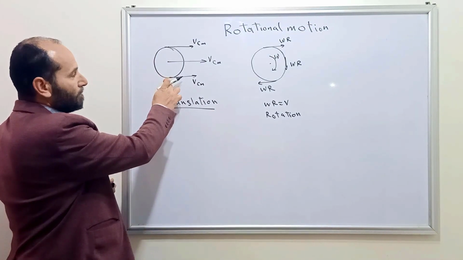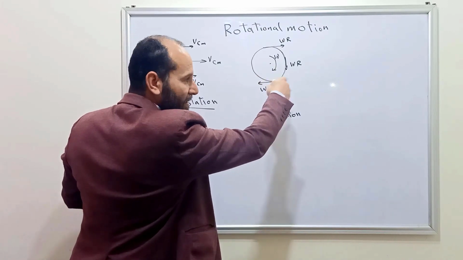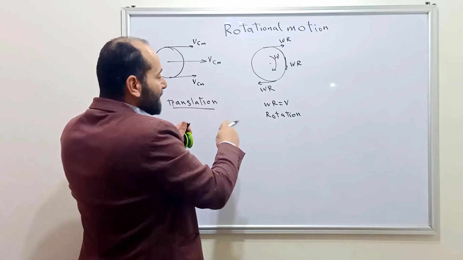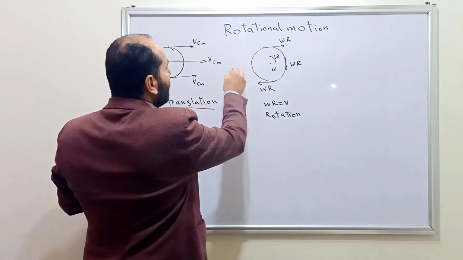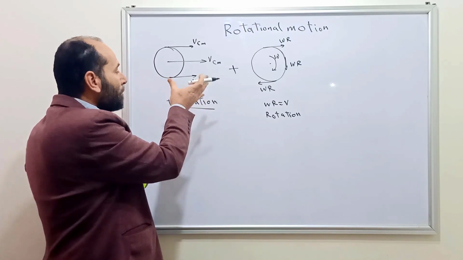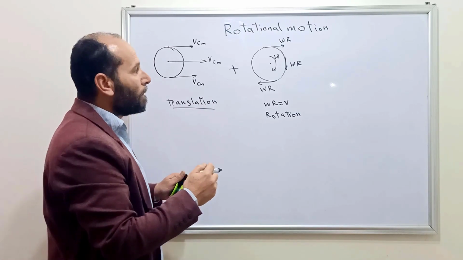In this case, the body moves in translation, and it also rotates about its center of mass or axis of symmetry. If this body is rolling, the motion becomes translation and rotation at the same time.